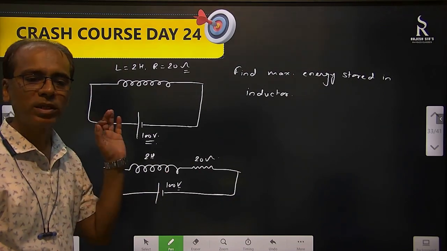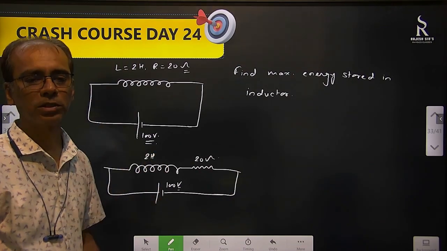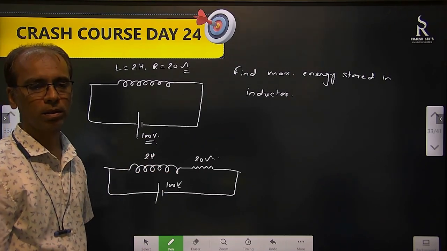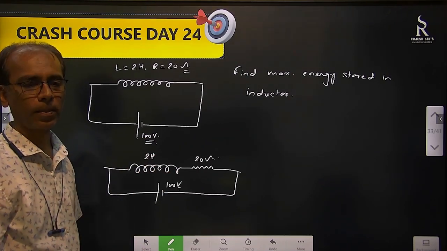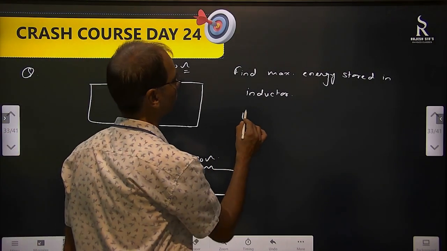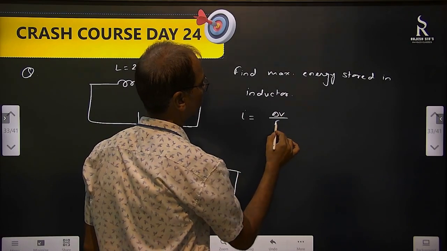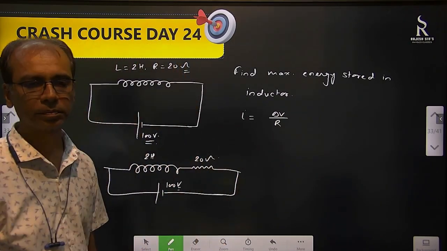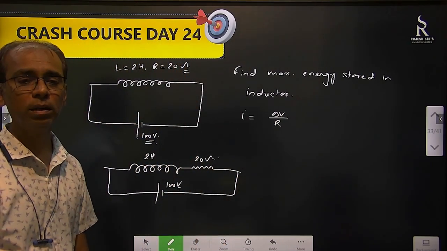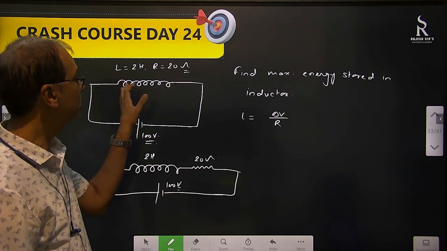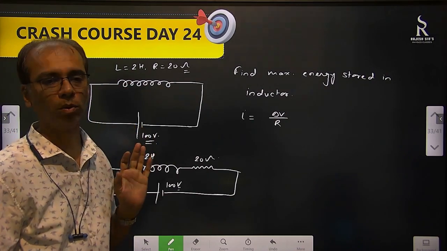Okay, so find the maximum energy. So we have to find what is the maximum current. I is equal to potential difference delta V by R. When it says maximum current, it means the opposition of the inductor has become 0.